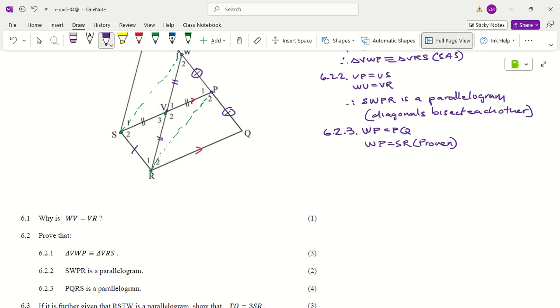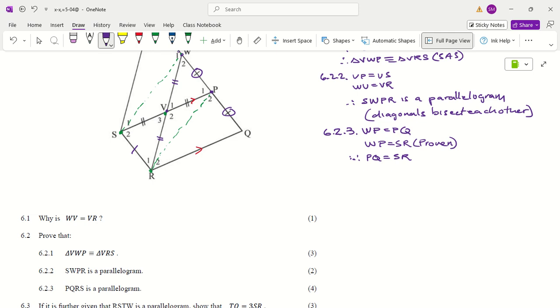Therefore PQ is equal to SR. That's the first thing.